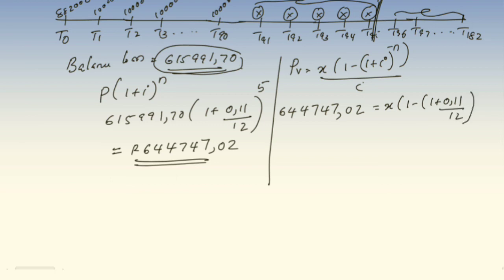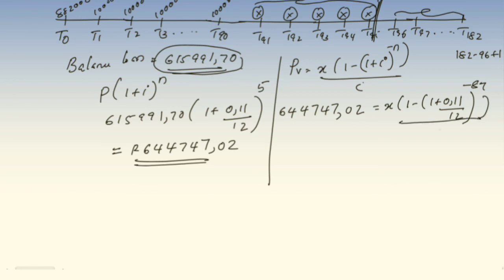What is n here? From 96 to 182, and 96 is also included. So don't just subtract 96 from 182. You have to do 182 minus 96 plus 1, because 96 is also included. So the answer is 87. Don't write 86, that is wrong. It is 87.